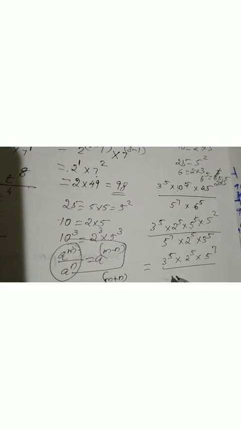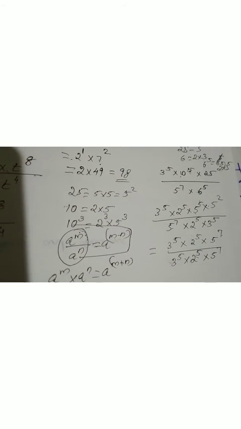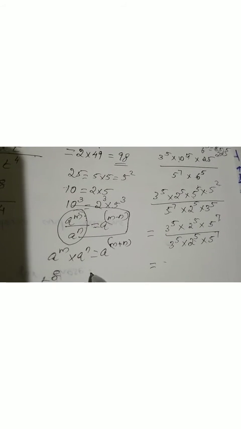a raised to m into a raised to n is equal to a raised to m plus n. Then here 3 raised to 5, we can make one group. Which bases are equal, we can write in order. Then 2 raised to 5, next the base 5, that is 5 raised to 7 itself. Now we know that a raised to m divided by a raised to n is equal to a raised to m minus n.